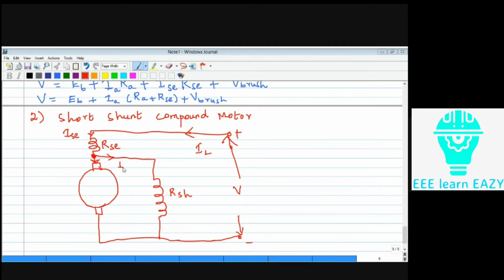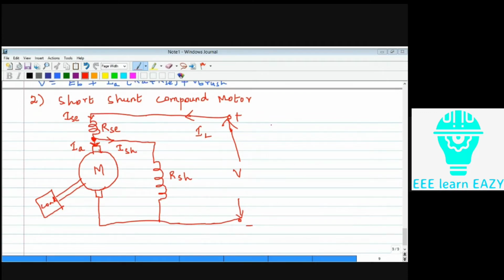This current is I shunt, and this current is IA. This machine will be connected to some load. Now let's write the current and voltage equations for this short shunt compound motor. What will be the current equation if you take IL?